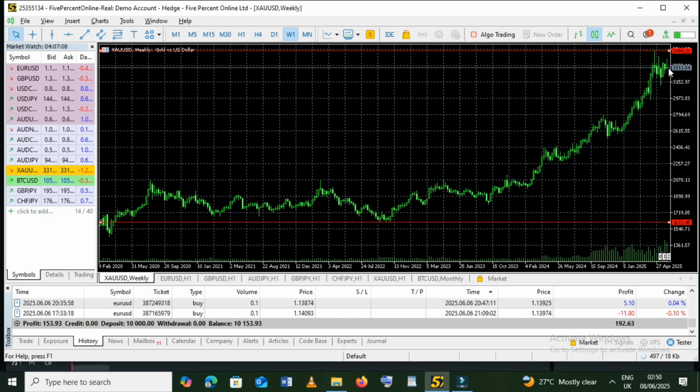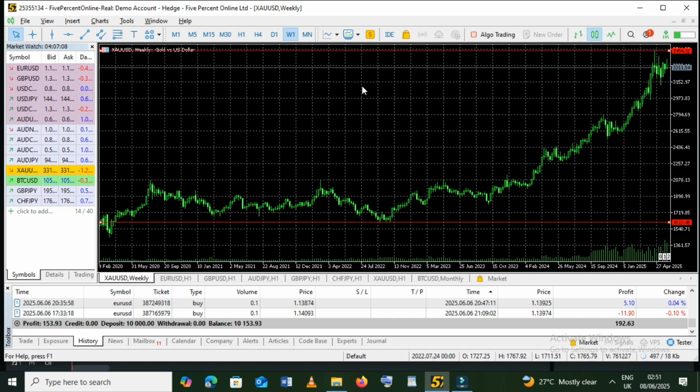The last candle we saw is forming a doji candle, or you can say it's forming a reverse hammer, but the market is still in a bullish direction.